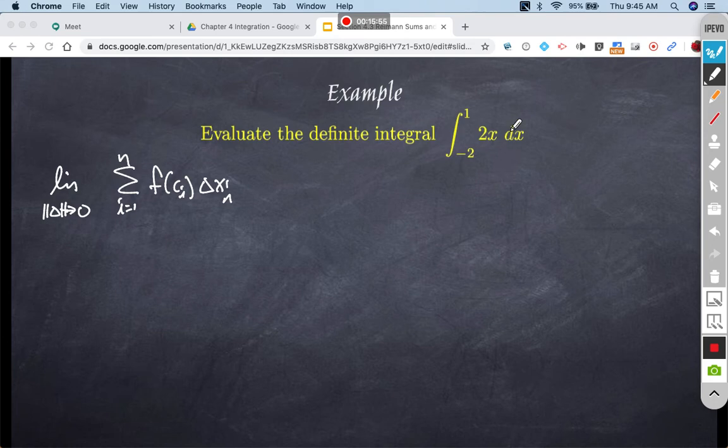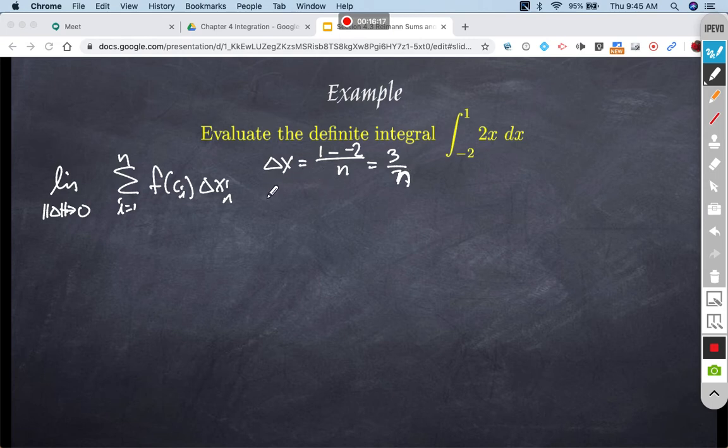Now, we're going to start off with a regular partition, because it's easier to do. So we're just going to go delta x is (b minus a) over n, which is going to be 3 over n.